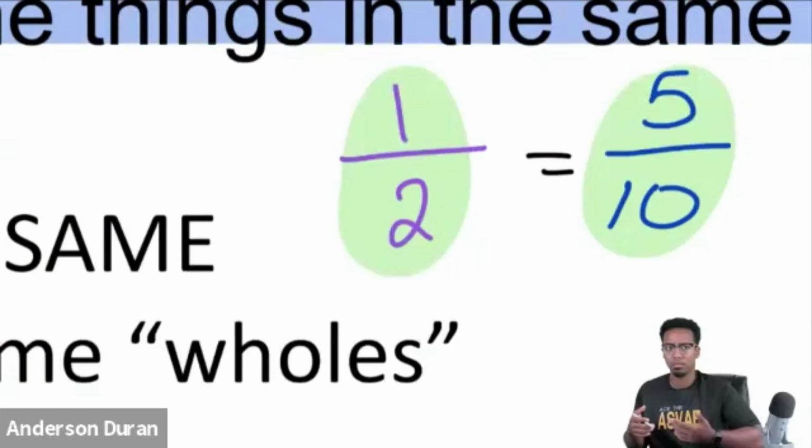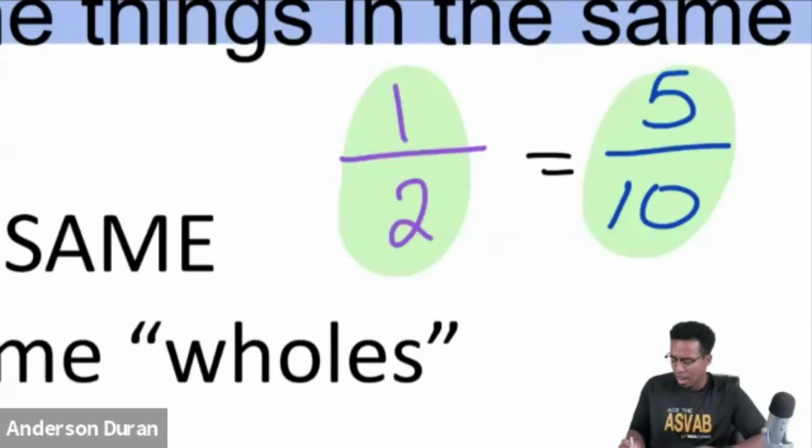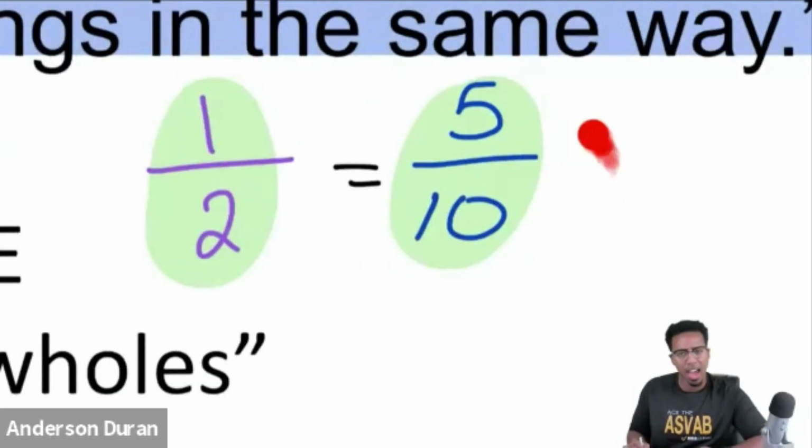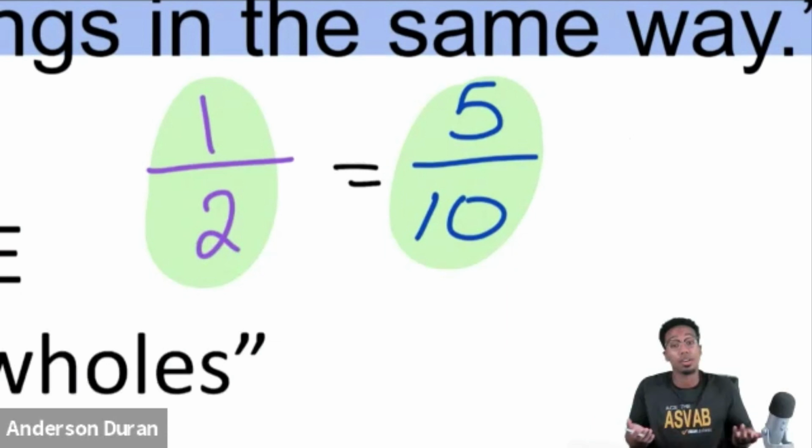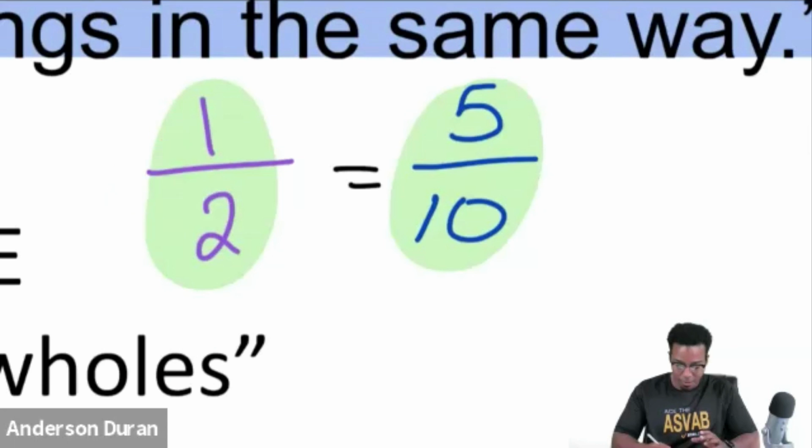Now, is 5 half of 10? Yes. You cut 10 in half, you get 5. That's all I'm saying here. They're the same parts of the same wholes. The parts are half of the whole here.